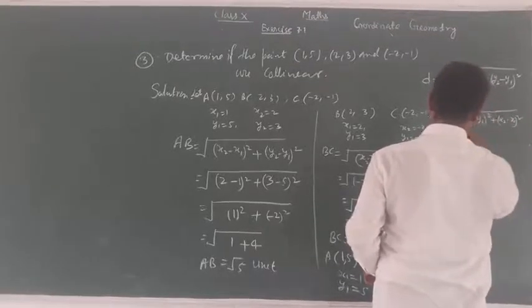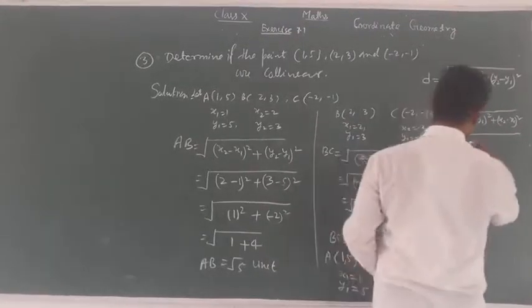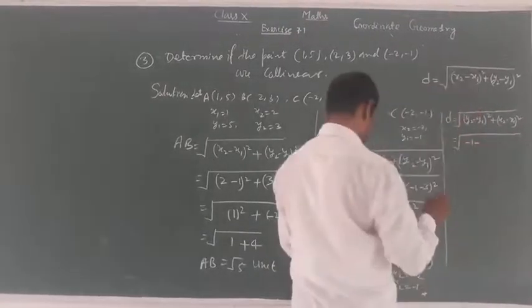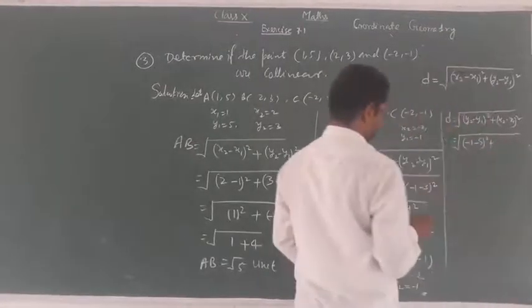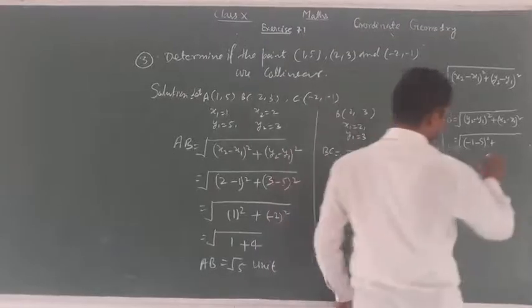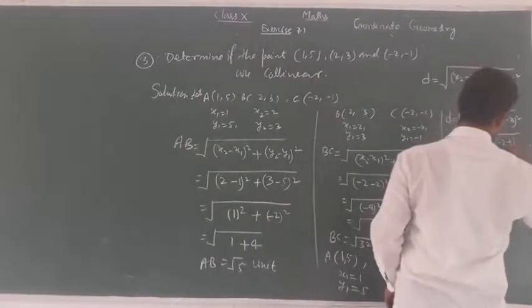Now put in these values: (-2 minus 1) squared plus (-1 minus 5) squared.